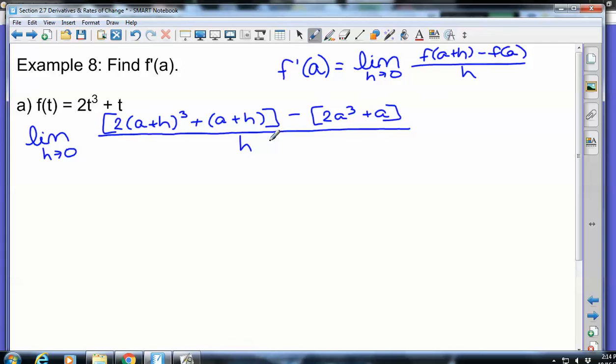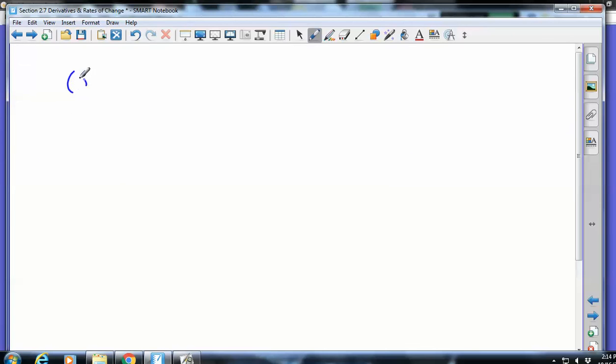We're going to have to do a plus h to the third. Do you guys know how to quickly multiply those kinds of things? Isn't it like a plus h times like a squared plus 2h plus h squared? So if you have a plus h to the third, you have 3 of them, right?